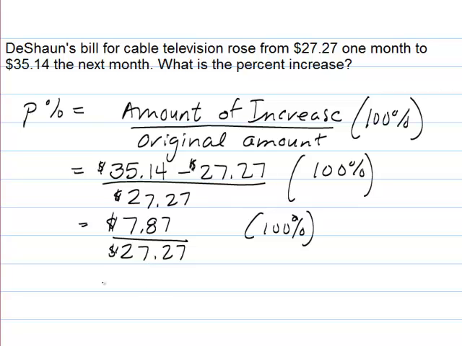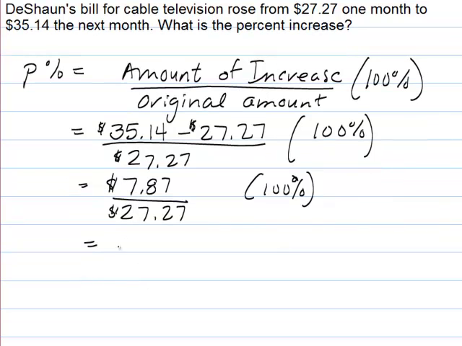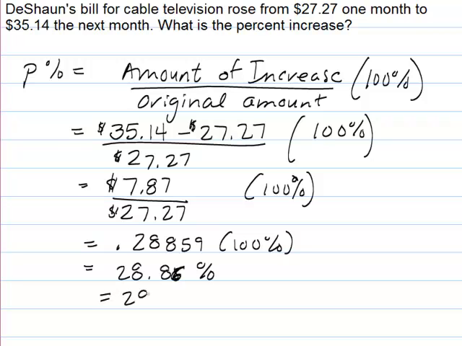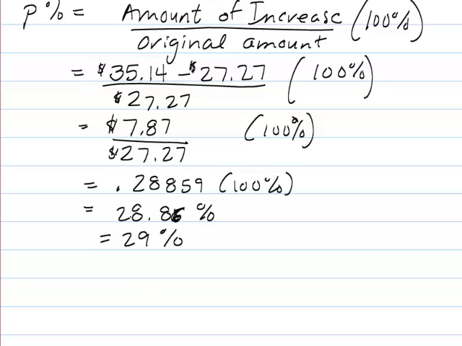And that gives me 0.28859. I'm going to leave it in my calculator. I'm going to multiply by 100%, and then we will round if necessary. This would equal 28.859%.